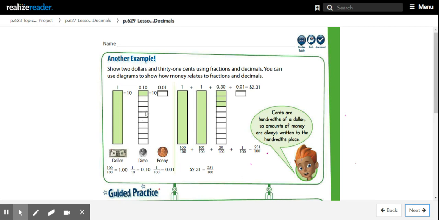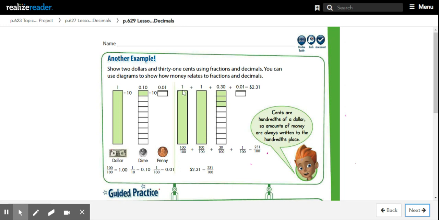This bar is showing that a dime is worth 0.10, 10 cents, okay? And that's showing there are 10 dimes in a dollar. Then you see here that we have 1 cent because there are 100 pennies in a dollar. The picture, they've shown 100 100ths, 100 100ths.